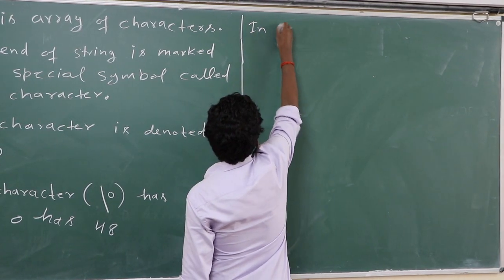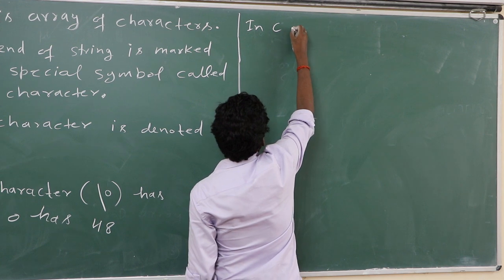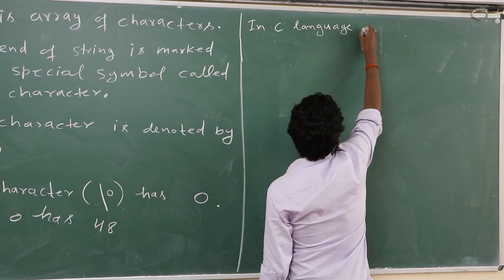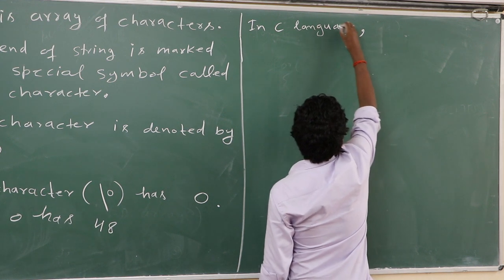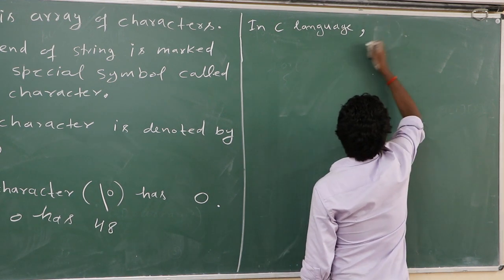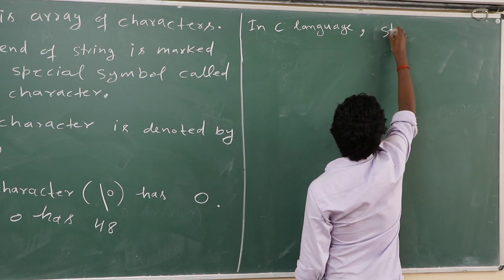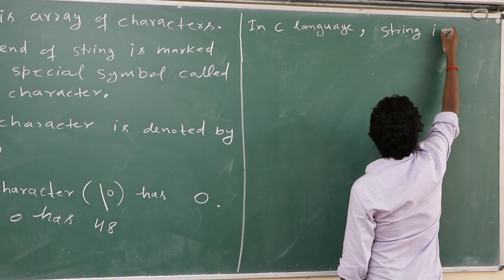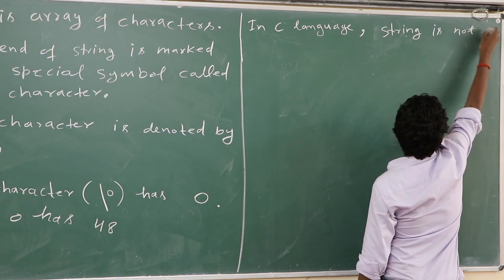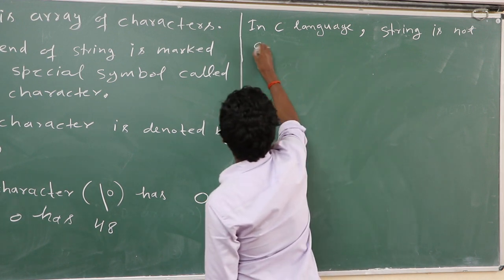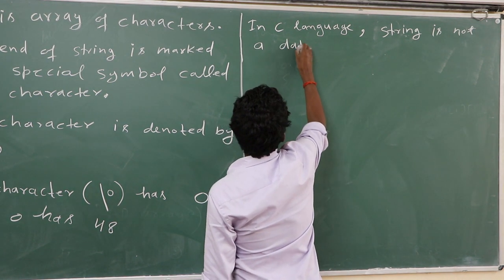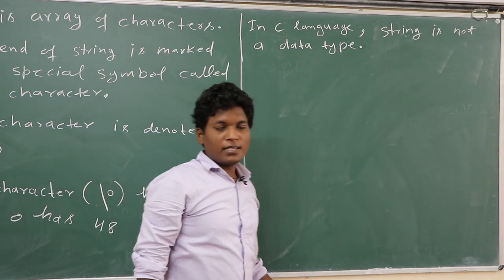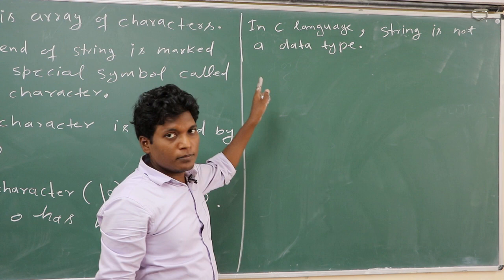In C language, string is not a data type. In C language, string is not a data type.